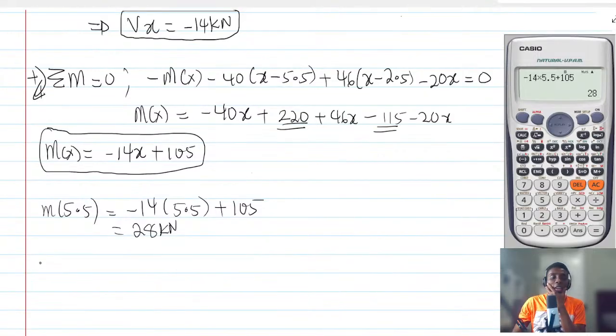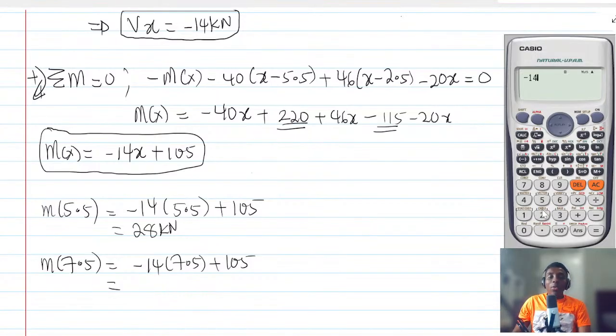Now let's put 7.5 there. It will be minus 14 times 7.5, then plus 105. Oh, that is 0.